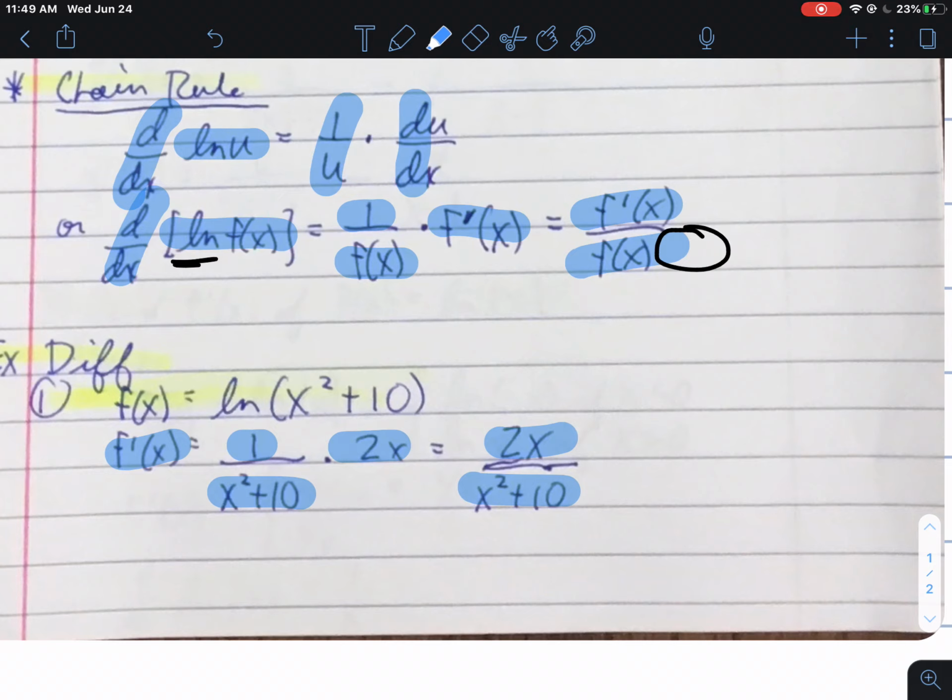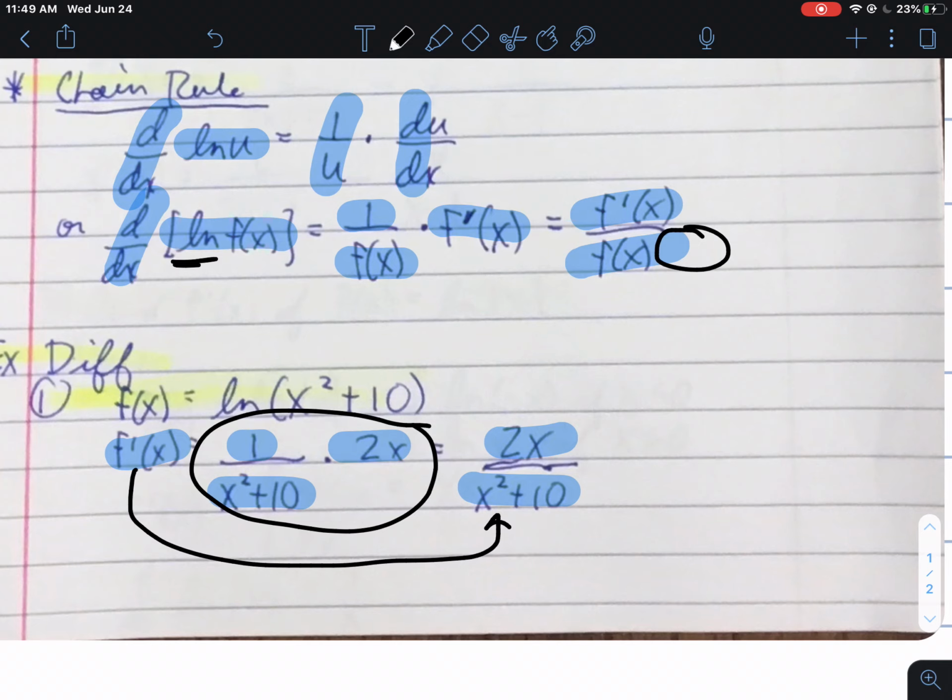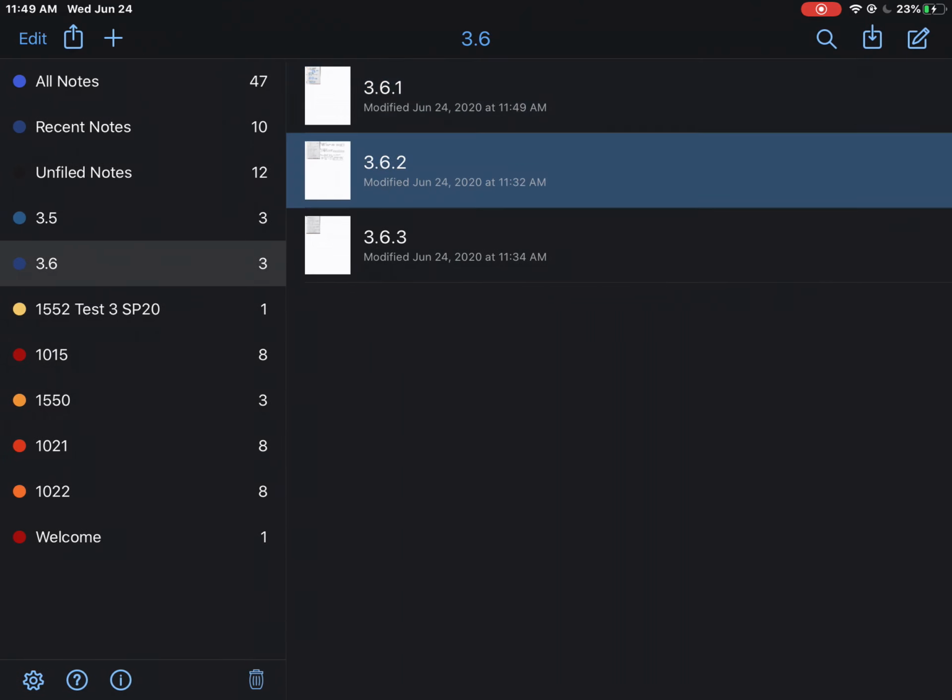And so this is what I'm going to tend to do, I think, with the bulk of my examples. I'll take the derivative of ln of an argument as the derivative of the argument divided by the argument. All right, and it just simplifies it, takes a step out of the way. But if you prefer to do it the other way, like this, that's fine. Whatever is easiest for you to follow.